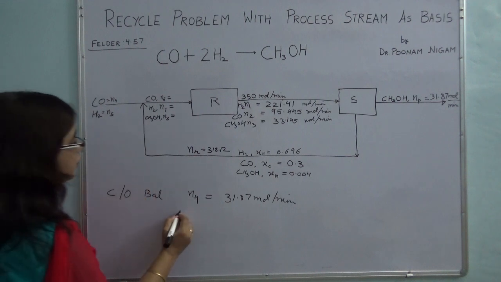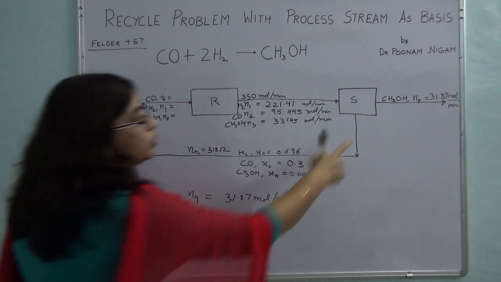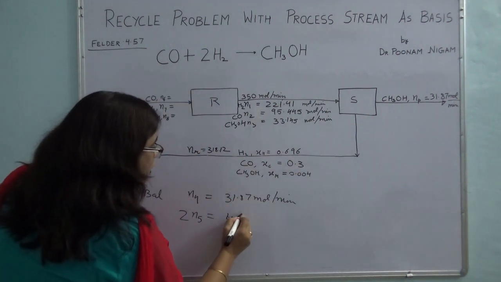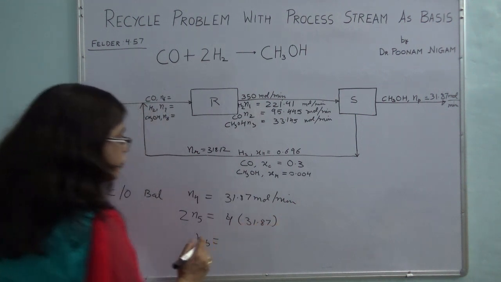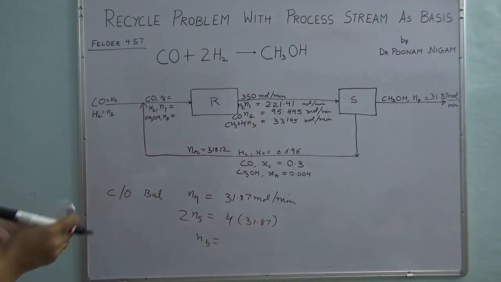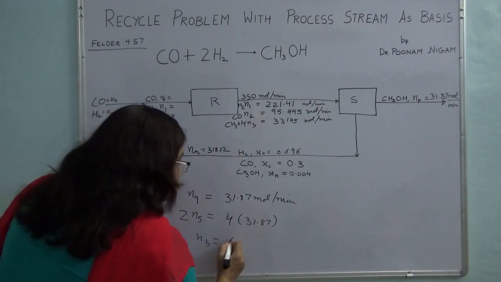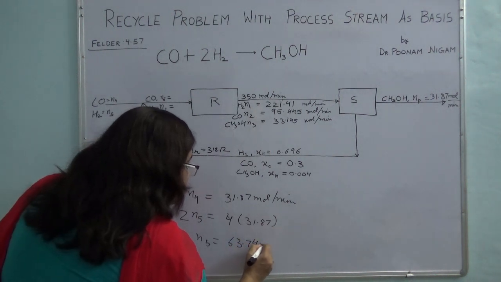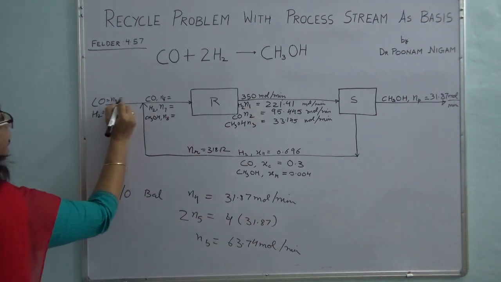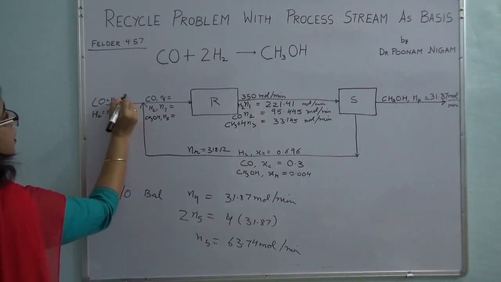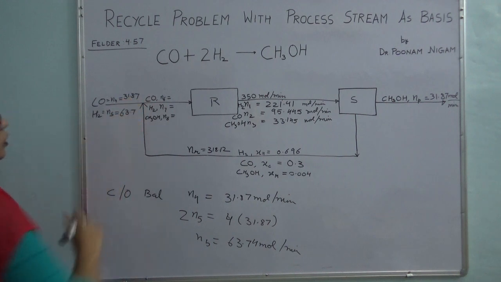How much is N5, or hydrogen which is going in? 2 times N5, and that should be equal to 4 times Np, or 4 times 31.87, so N5 is equal to 2 times 31.87, or this is 63.74 moles. So I have calculated now N4 and N5. N4 is 31.87 and N5 is 63.7 moles per minute.